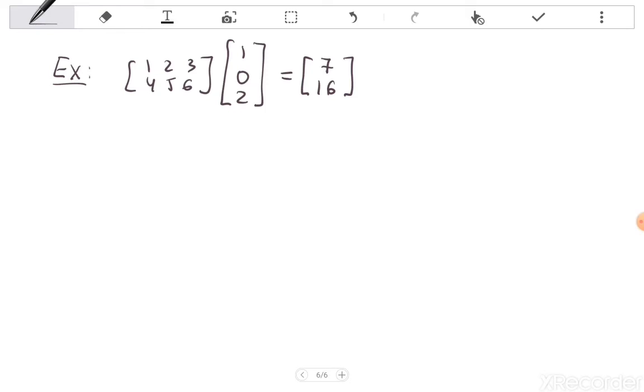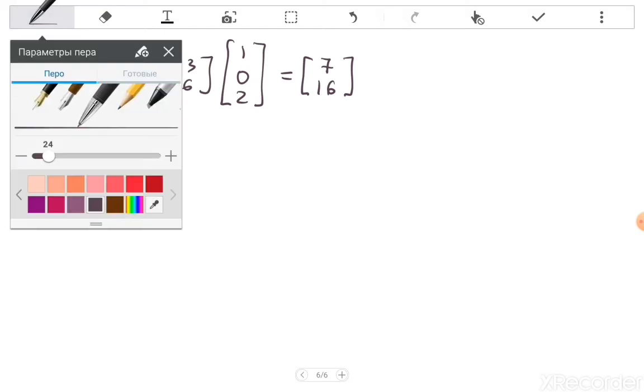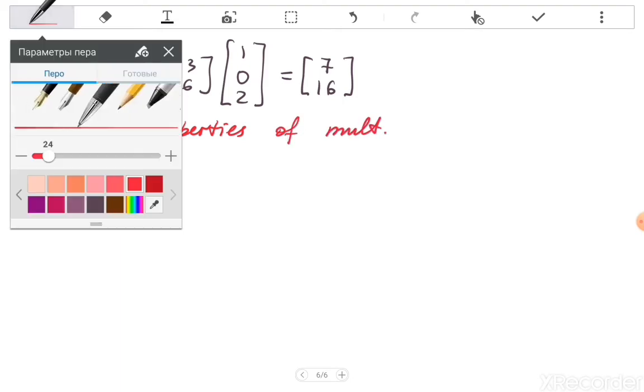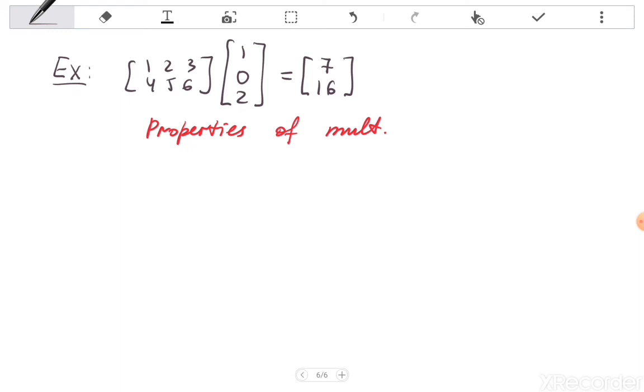This multiplication looks kind of strange, but it satisfies quite a lot of interesting properties which we have for numbers. So let's write the properties of this operation of multiplication. The first thing is that we have associativity. So (AB)C is the same as A(BC).